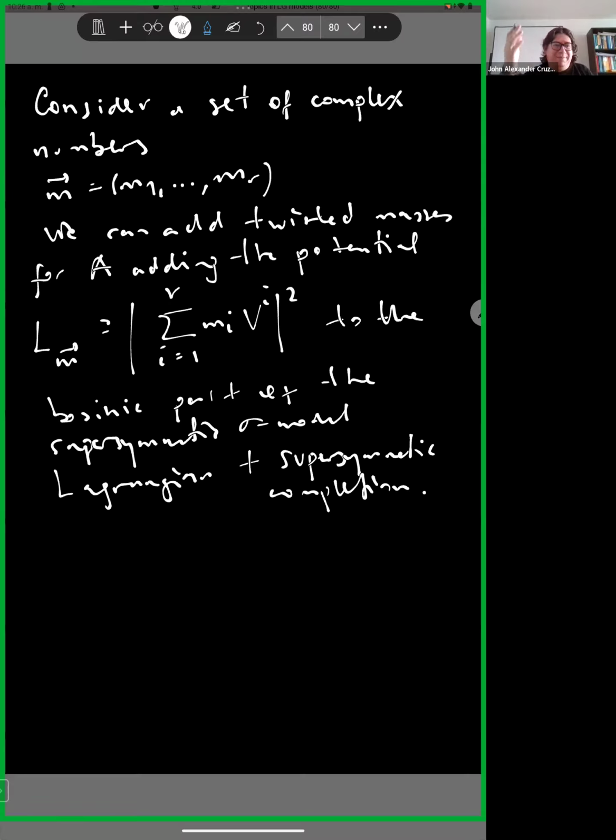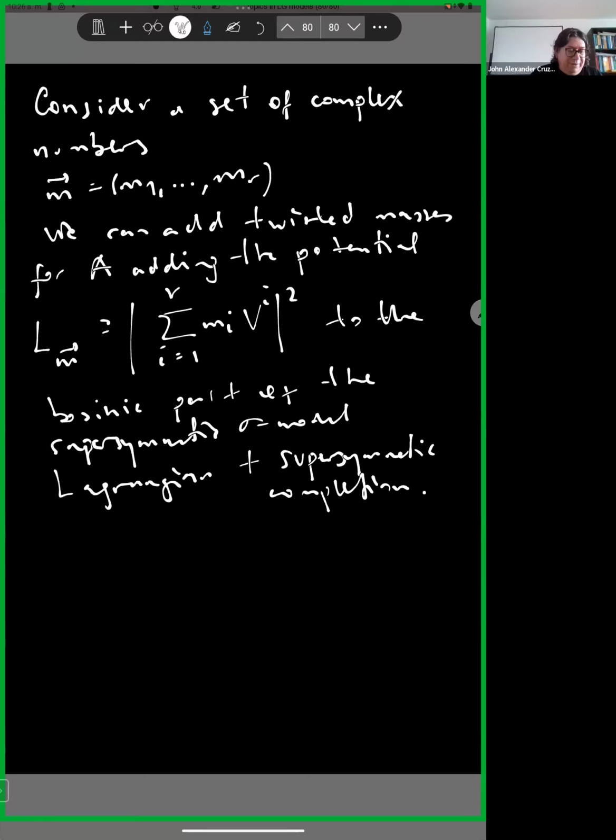The other thing is to take the maximal abelian group of the isometries, and then you consider the set of generators of this group, and corresponding to these generators you have this set of complex numbers, and then you can cook up some potential, which is this L_M, using these twisted masses, and you can deform the potential for the bosonic part with this potential, right?